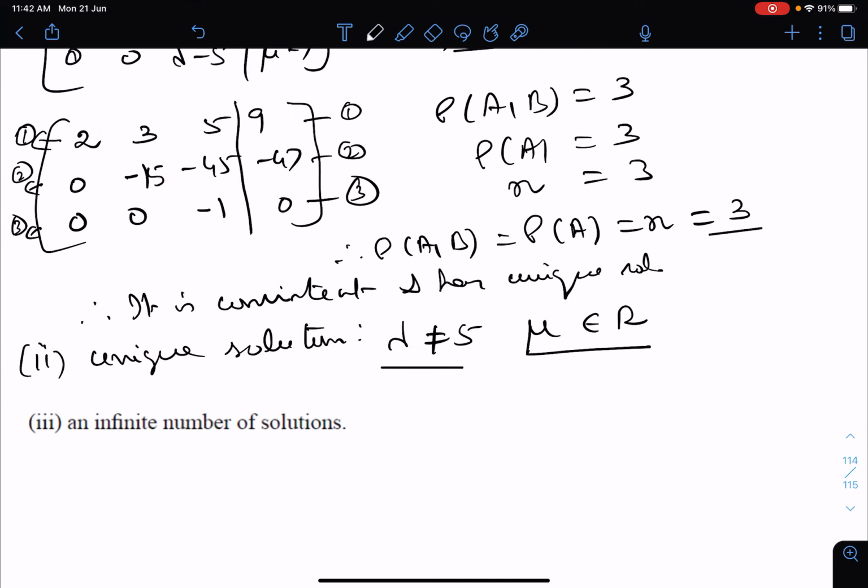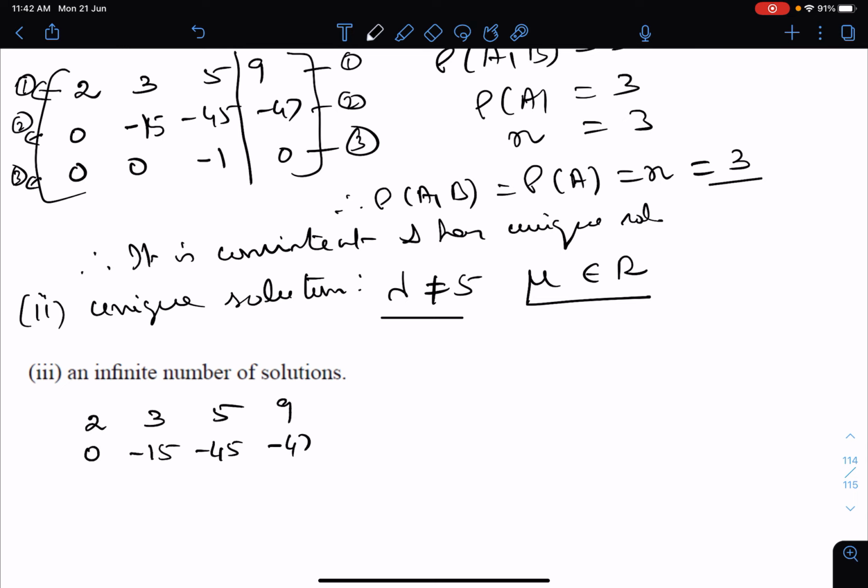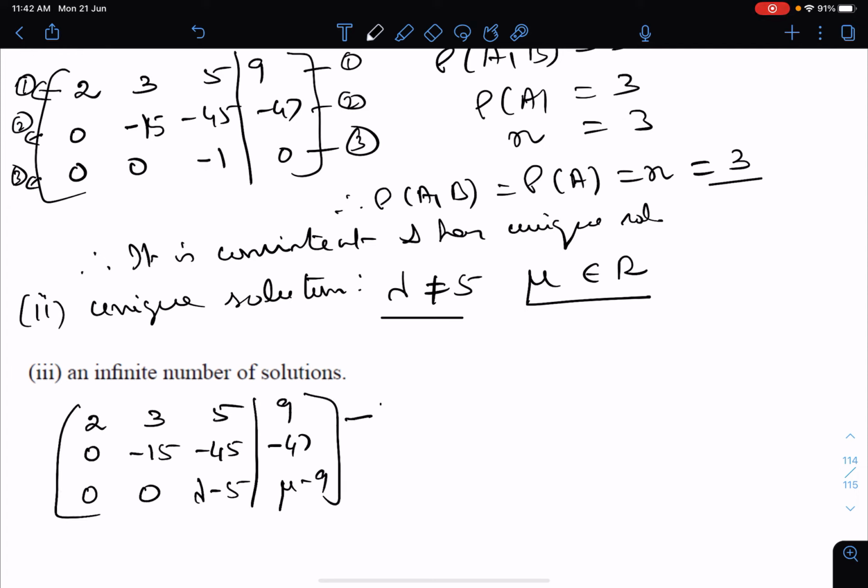Again I am going to write the augmented matrix: 2, 3, 5 and 9; 0, minus 15, minus 45, minus 47; and our last row 0, 0, lambda minus 5 and mu minus 9, which is going to be our Roman letter 1. So what should we get for the condition? The rank should be less than the number of unknowns.